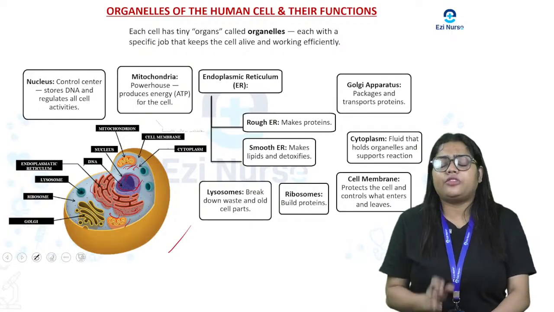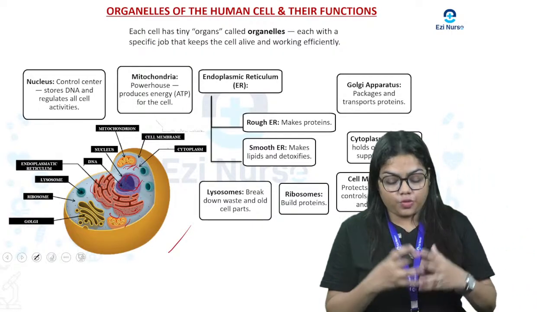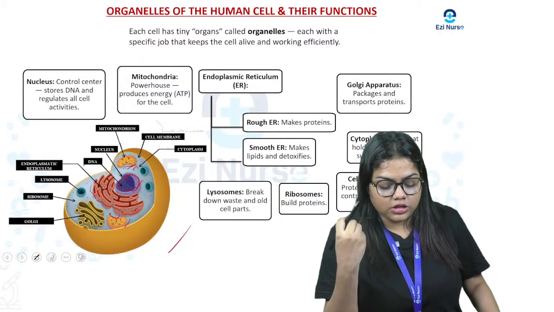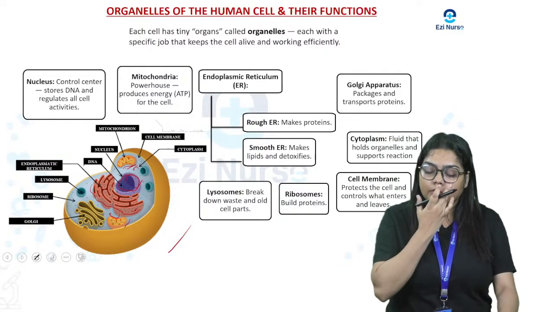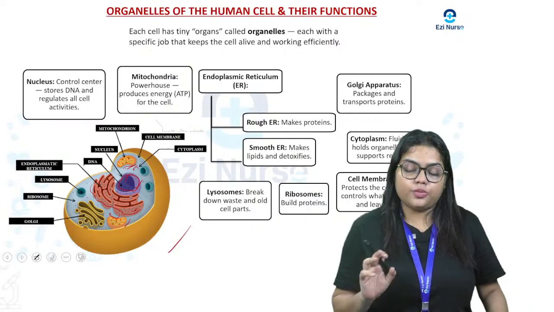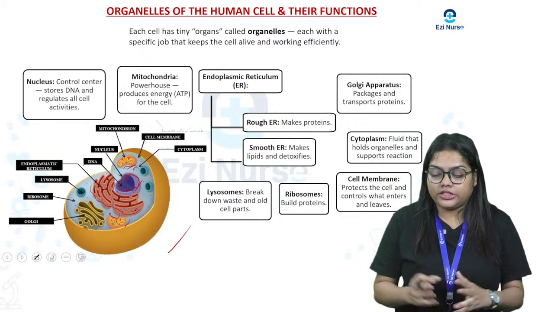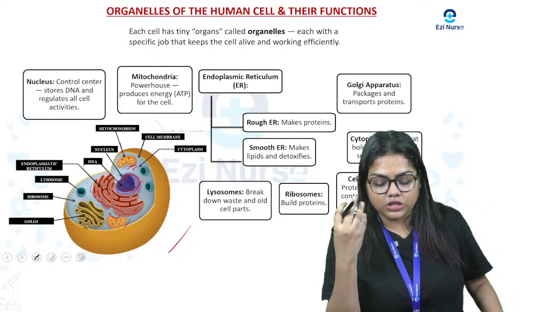Now these two have different works. The rough endoplasmic reticulum synthesizes protein, whereas the smooth one makes lipids and detoxifies the cells. So that is endoplasmic reticulum. Next is Golgi apparatus. The Golgi apparatus is the packager. It will package and transport the protein.